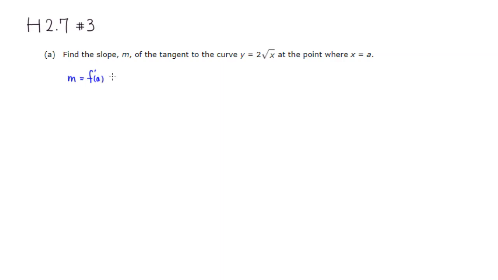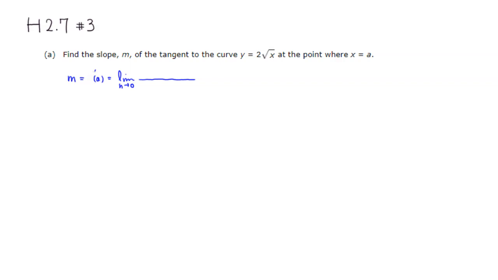Following the definition, we're going to have a limit as h approaches 0. This is the same every time. Then you have f of a plus h. Actually it's y, so maybe I should use y here.